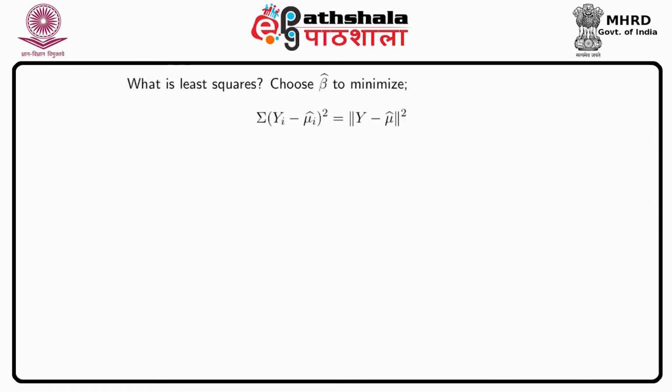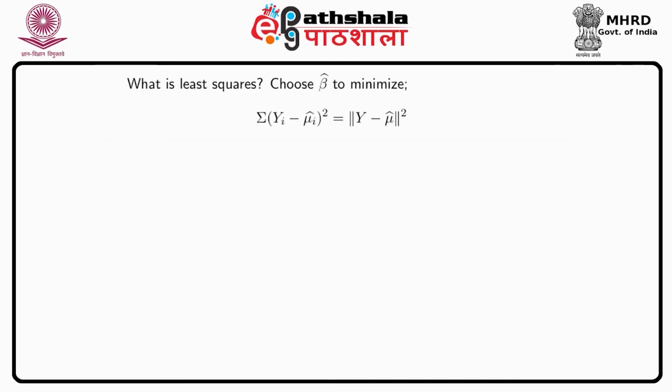Now, what is least squares in terms of the geometry behind the technique of finding the estimates of the coefficients? What exactly is least squares? When estimating beta hat, we choose beta hat so that we minimize the sum of squares of errors, which can be written as summation (yi minus mu i hat) square.